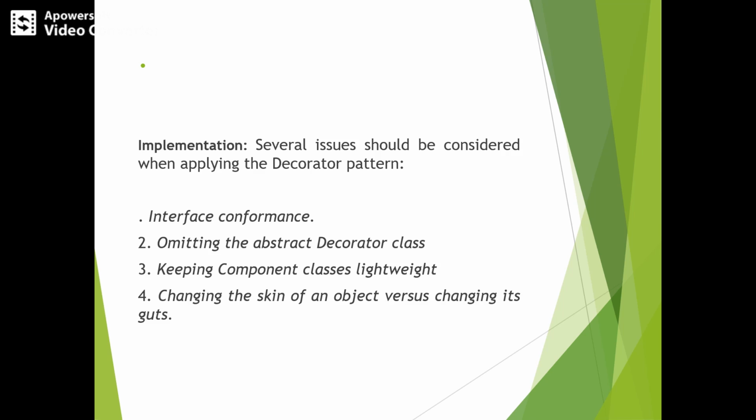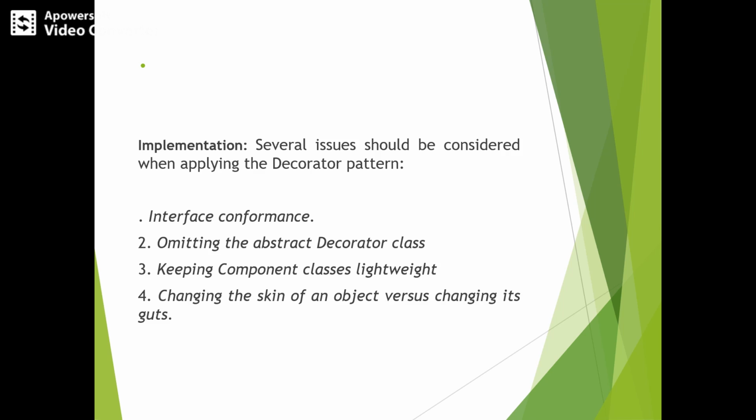This is the way we need to consider it, because the decorator pattern only changes the component from the outside; the component doesn't have to know anything about its decorators.